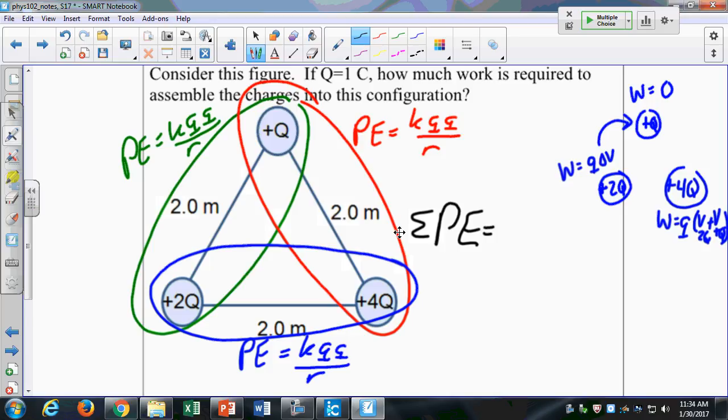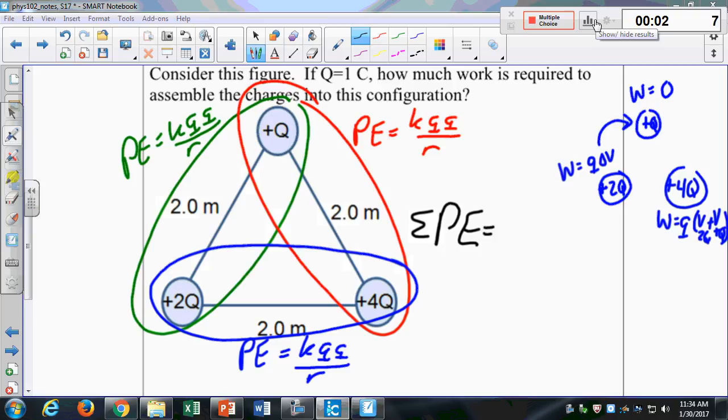Let me start your clicker base. Now, can y'all see the answer right there?